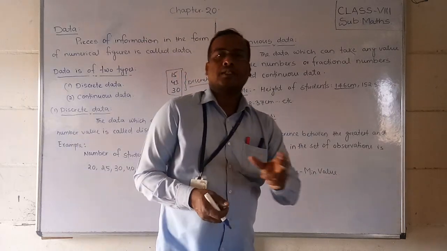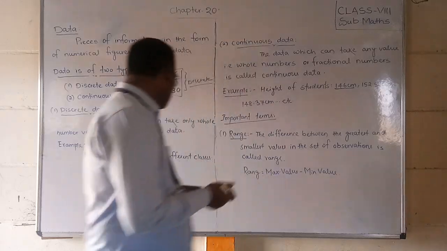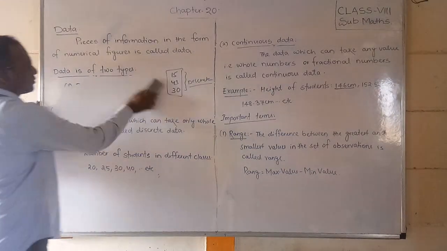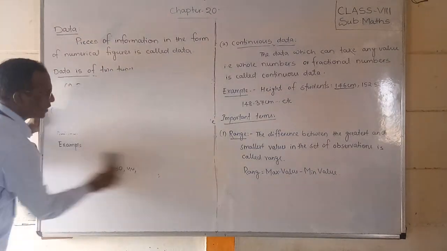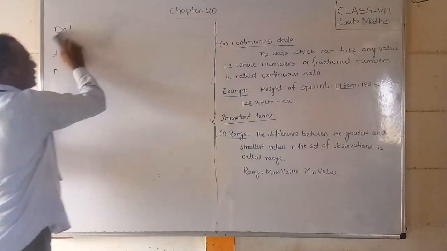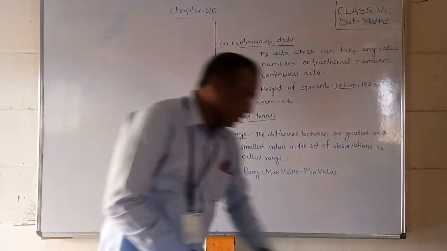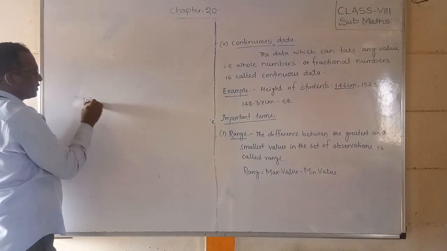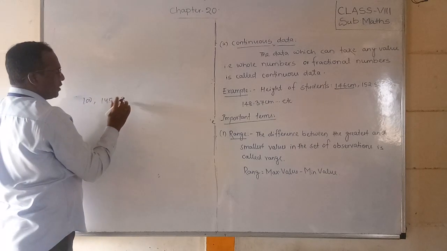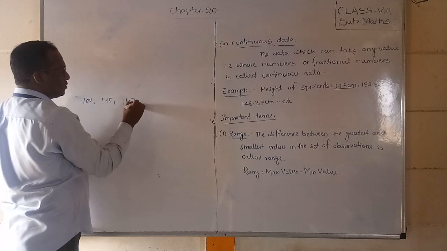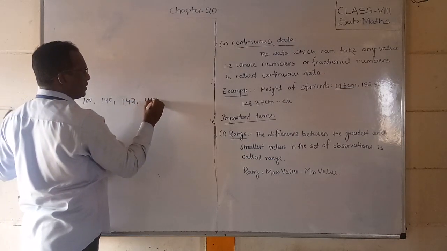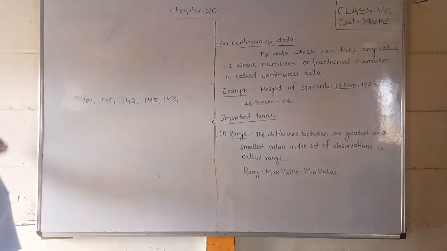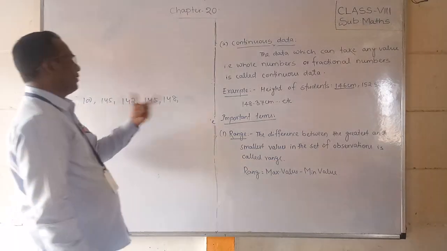That means, friends, suppose in your class there are 10 students with different heights: 100 centimeters, 145, 142, 145, 148, and so on.